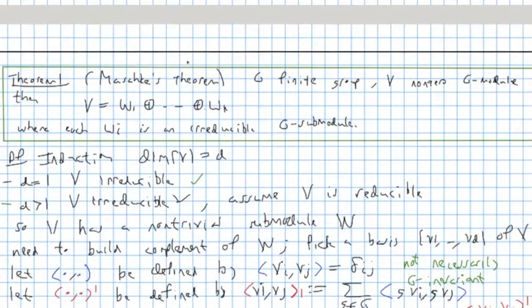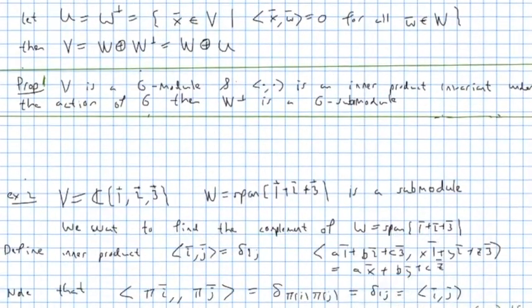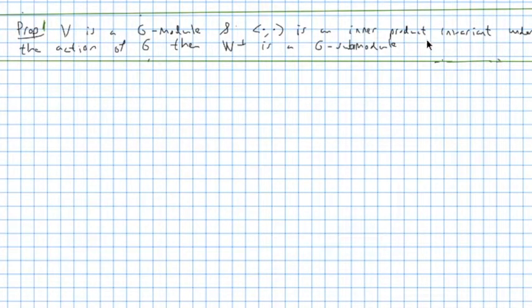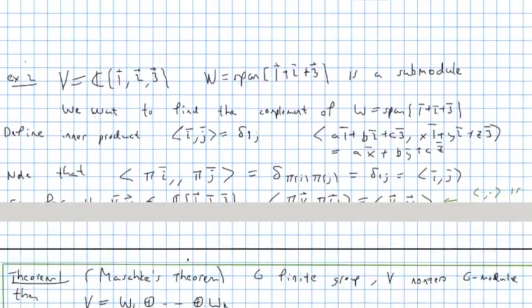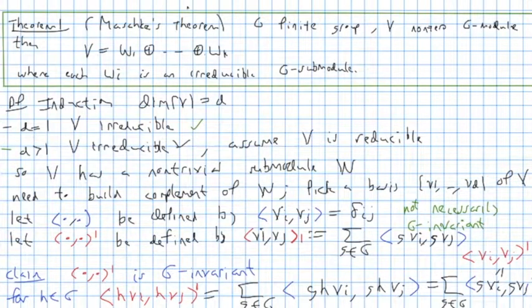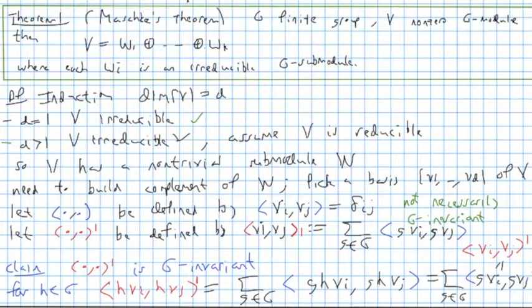So then, recall the proposition here. If I have a G-invariant inner product, then the orthogonal complement of a submodule is also going to be a submodule. So continuing with the proof.